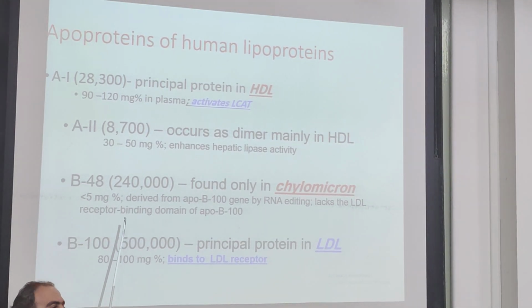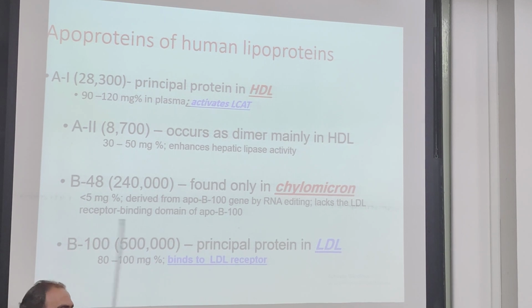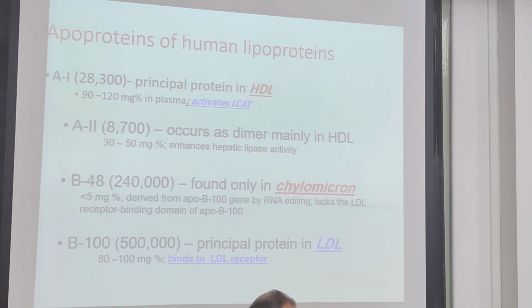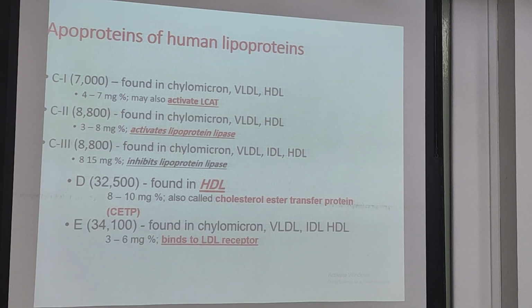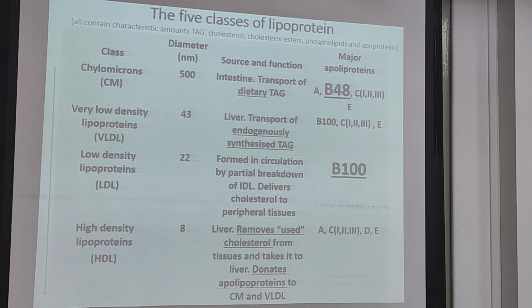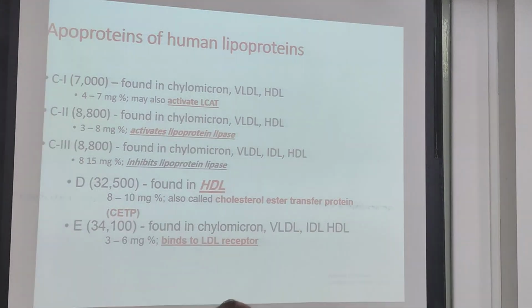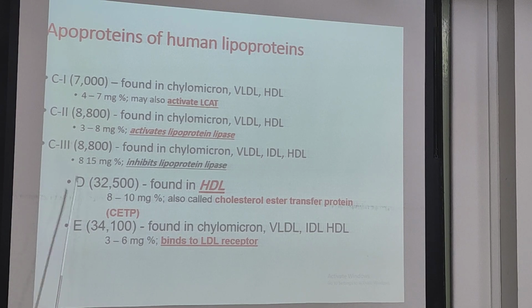Actually, we studied all of them in the previous semester, but we forgot everything. So the other apoproteins are C1, C2, and C3, E, and A.